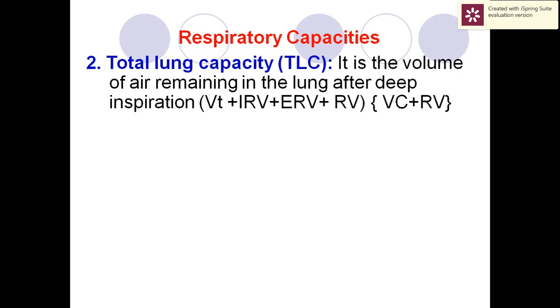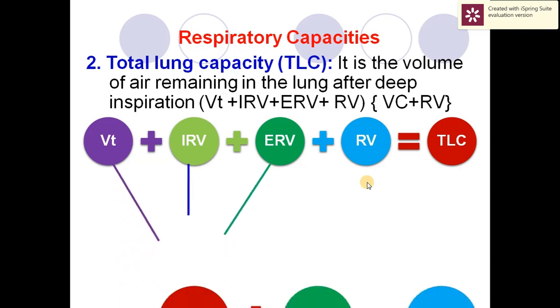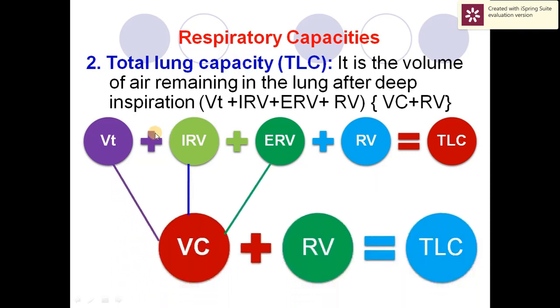Total lung capacity, it is the volume of air remaining in the lung after deep inspiration. بالتالي total lung capacity تساوي tidal volume plus inspiratory reserve volume plus expiratory reserve volume plus residual volume. واحنا زي ما احنا عارفين tidal volume والinspiratory reserve volume والexpiratory reserve volume بيساوي vital capacity. So vital capacity plus residual volume هيعطينا total lung capacity.